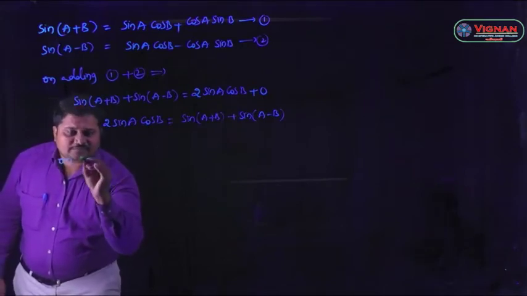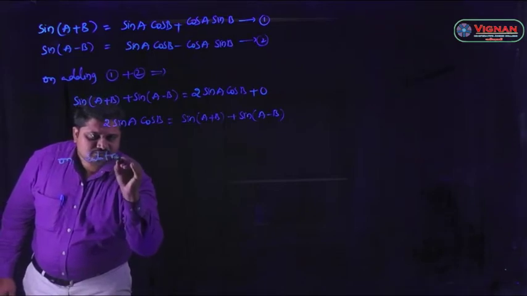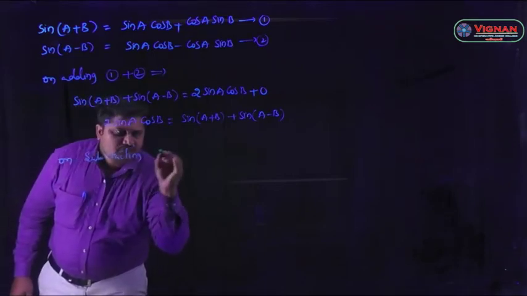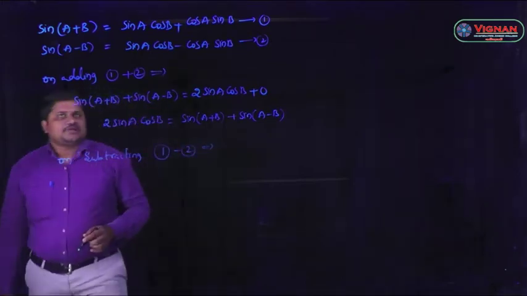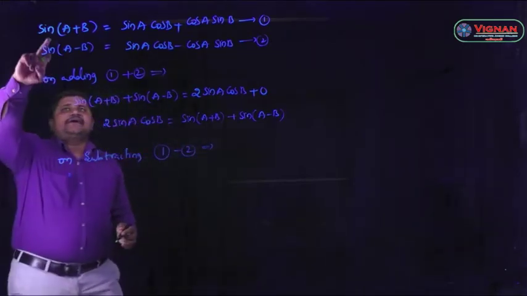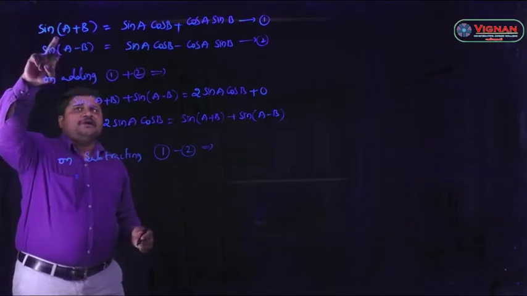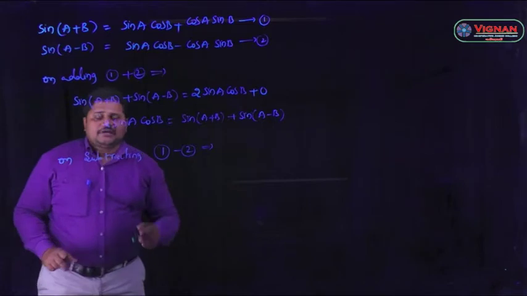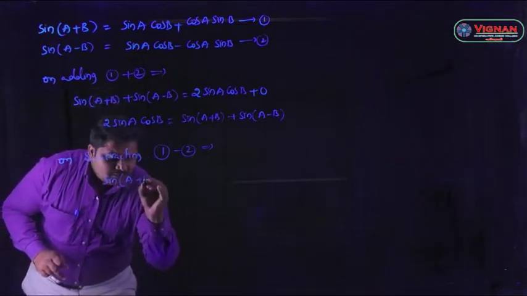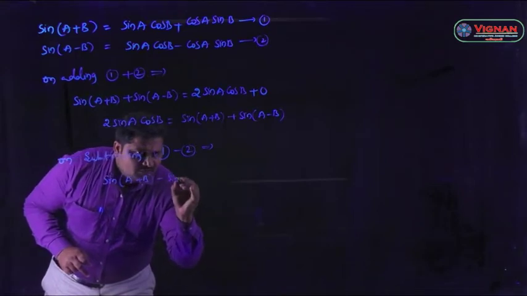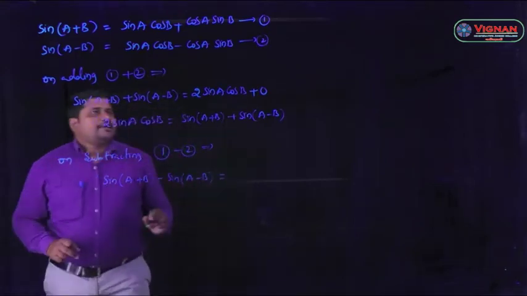Okay, right. Next, on subtracting 2 from 1, we get sin of a plus b minus sin of a minus b.